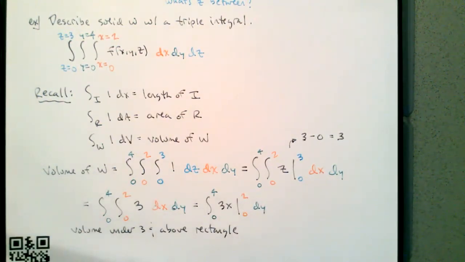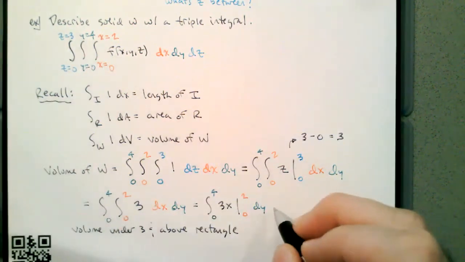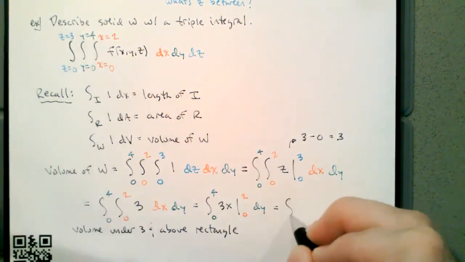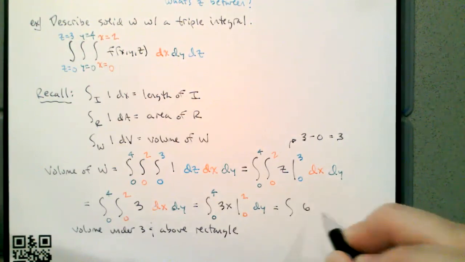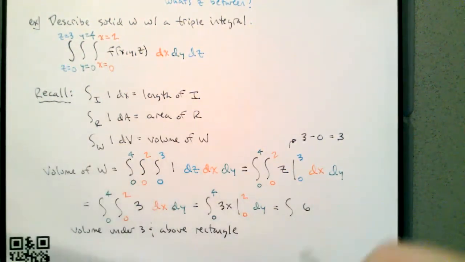We get 3 times 2 is 6, minus 3 times 0 is 0. So this is just going to be the single integral from 0 to 4 of 6 dy.